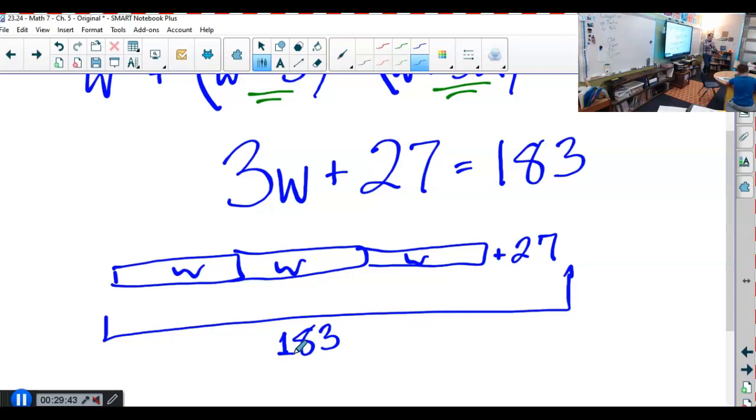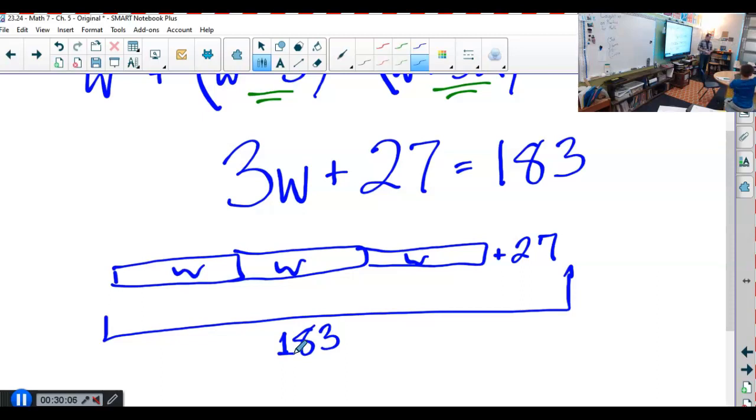Yesterday, with the 3 boards and the extra equaling the long board, what could we do now to start working things backwards? I don't want to guess check. I want to strategically work this backwards and solve it.